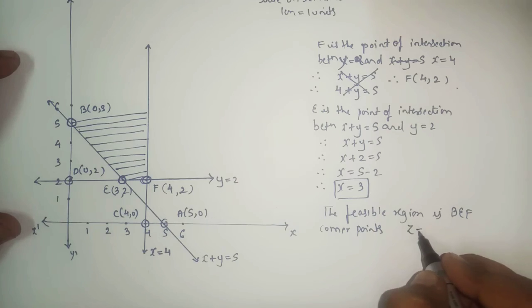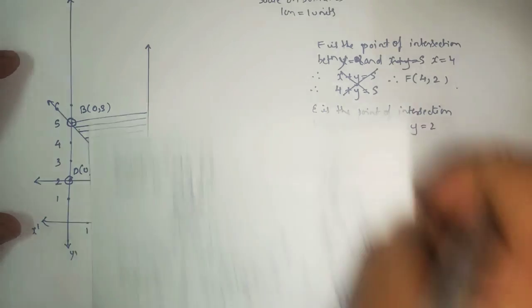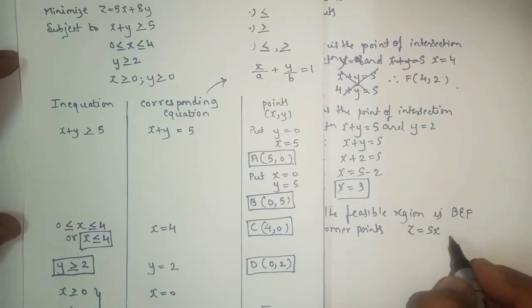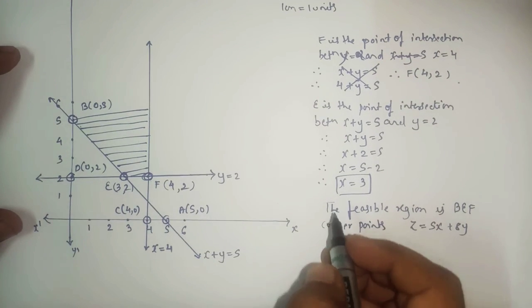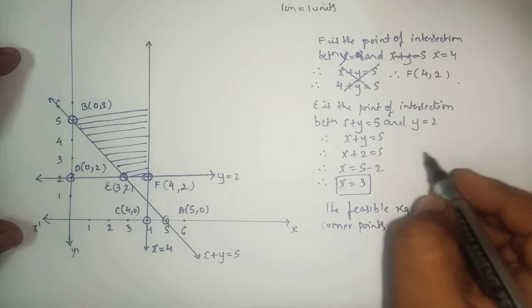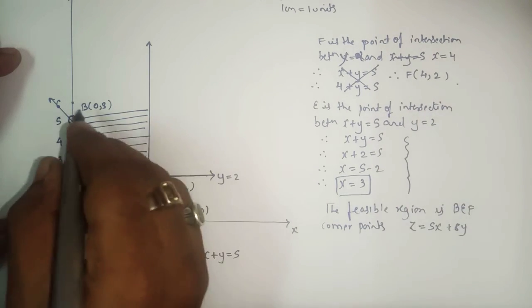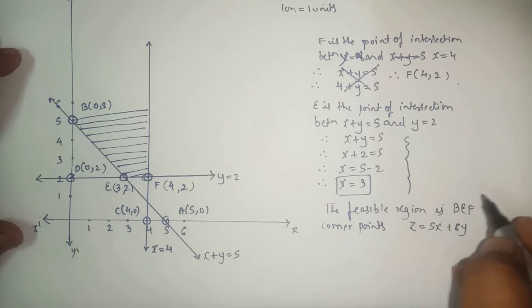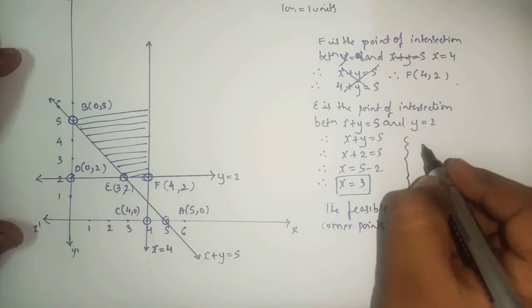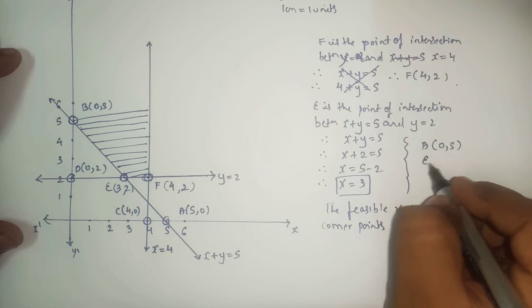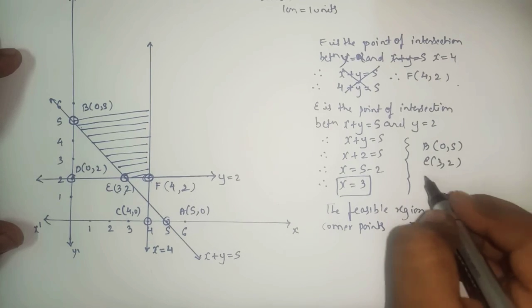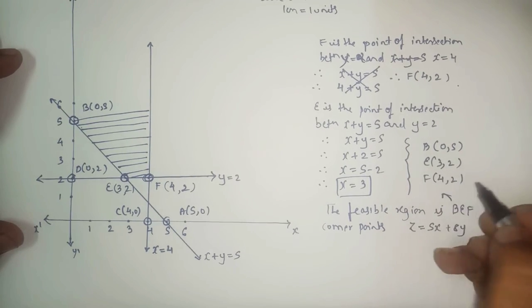So z equals 5x plus 8y. What is the first point? The coordinate of B is (0, 5), E is (3, 2) and F is (4, 2).